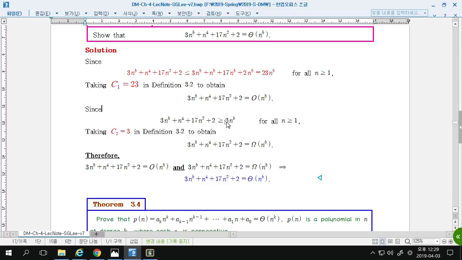If you choose C2 equal to 3, then from the definition, this left-hand side is omega of n to the fifth. Since this left-hand side is big O and big omega, it should be theta of n to the fifth. Done by the definition. So we showed it.